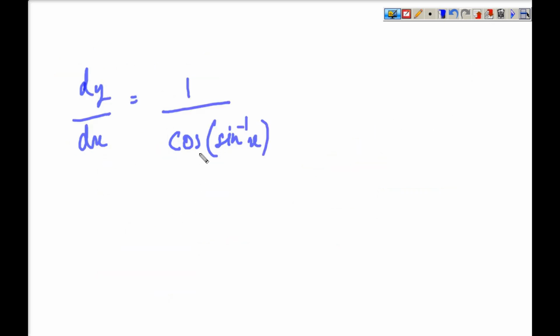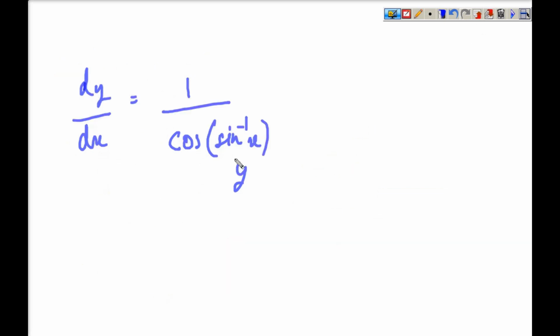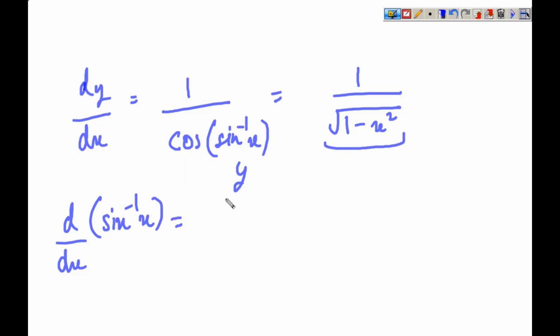So I can simply substitute this in place of cos y. Therefore the derivative will be 1 by under root of 1 minus x square. So this will always be the derivative of sine inverse x. Whenever you have to find the derivative of sine inverse x, you can directly write it as 1 by under root of 1 minus x square.